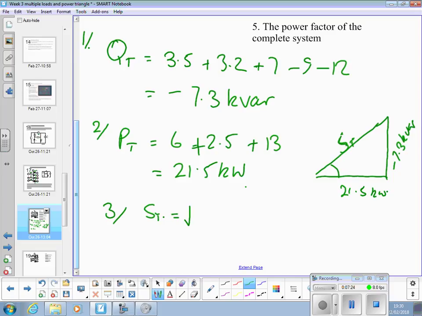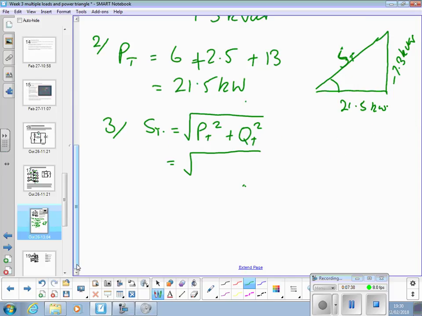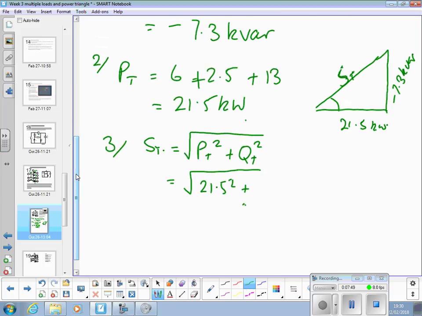ST is equal to the square root of PT squared plus QT squared, so root of 21.5 squared plus 7.3 squared.